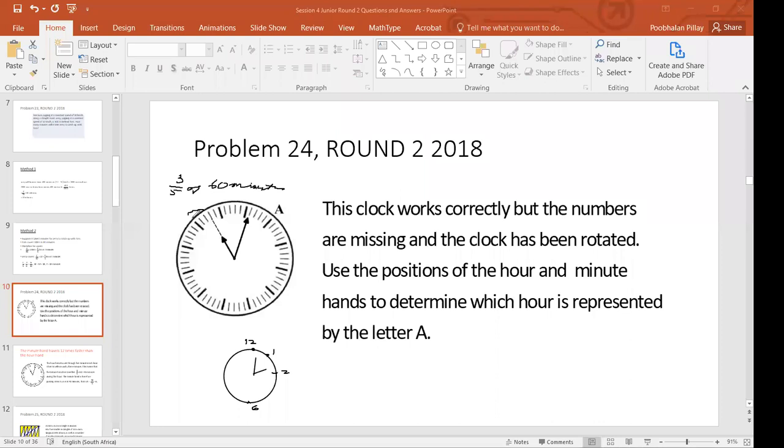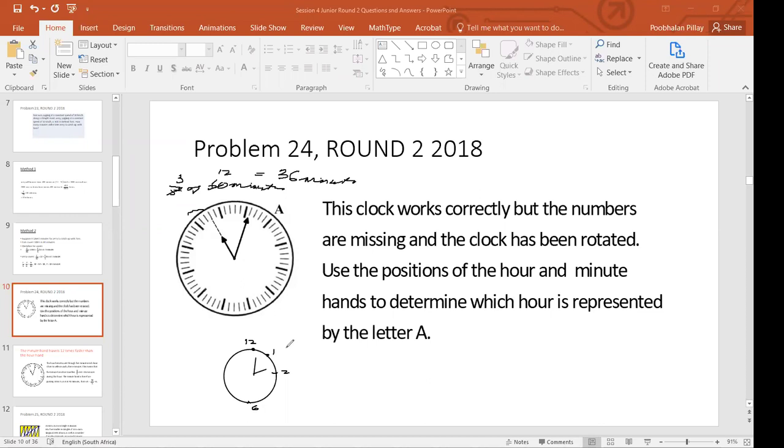At the moment, it's only done 3 of these units. So in other words, it's done 3/5 of an hour, which is 60 minutes. And if you do 3/5 of 60, 5 goes into 60, 12 times. 3 times 12 is 36. So the time is now 36 minutes past the hour, right? 36 minutes past the hour.